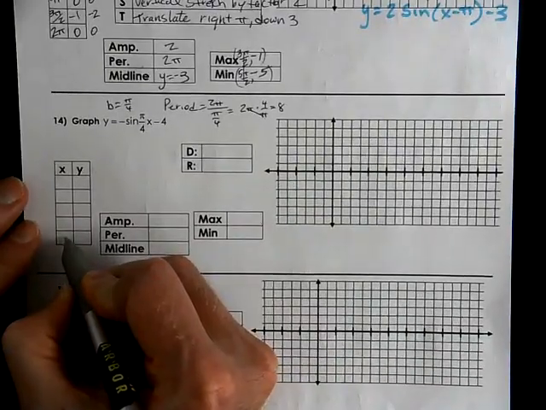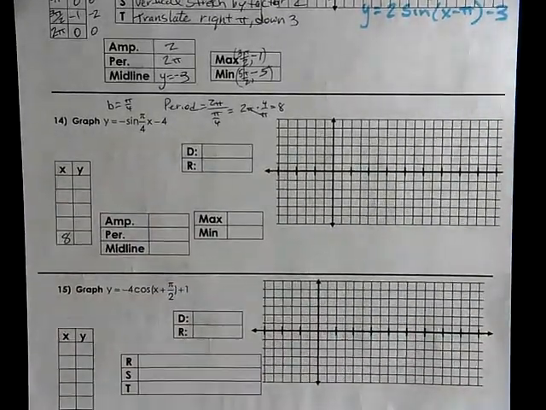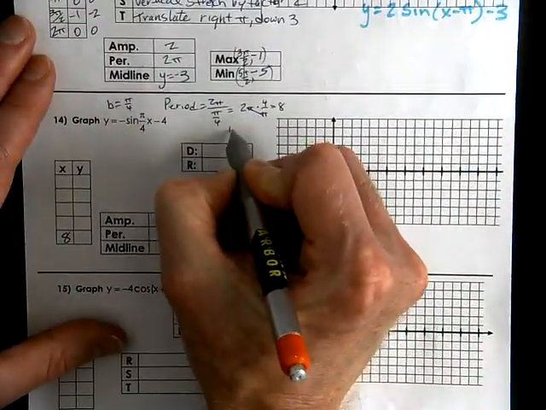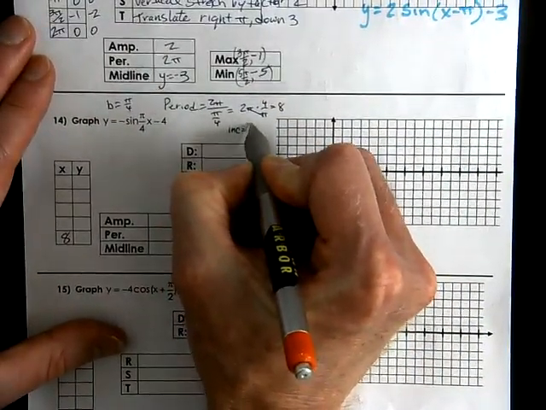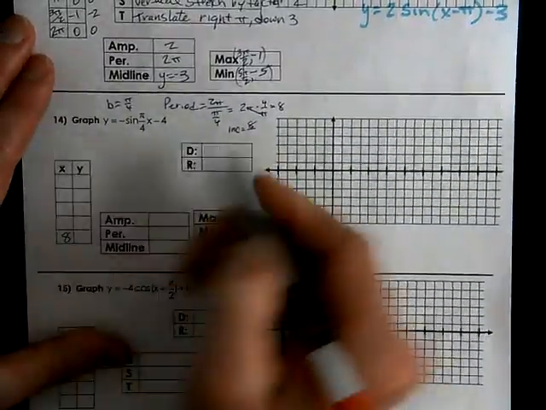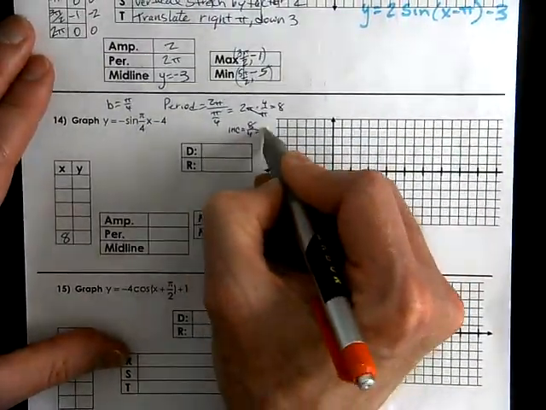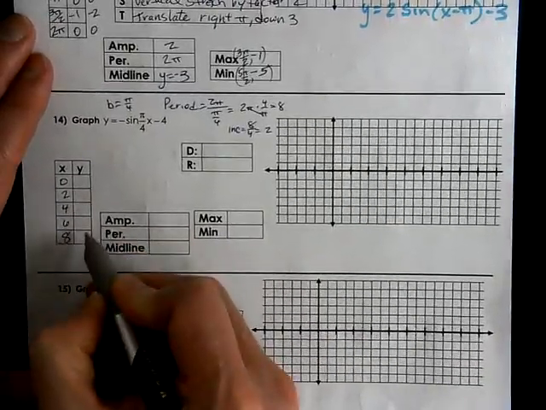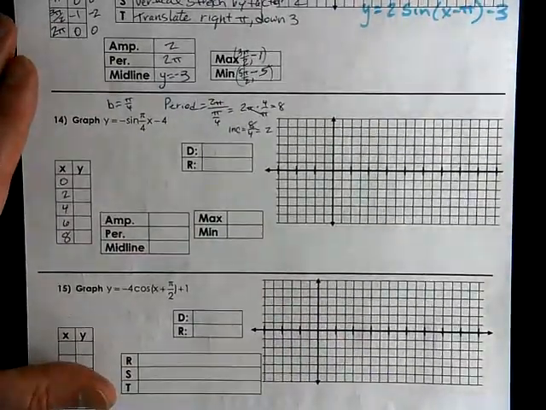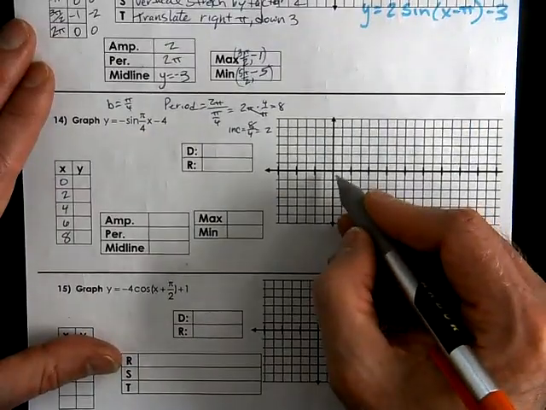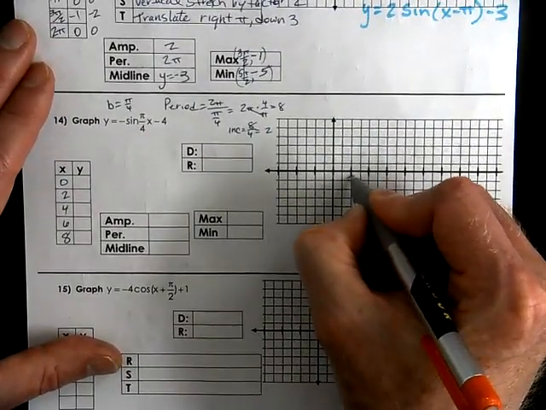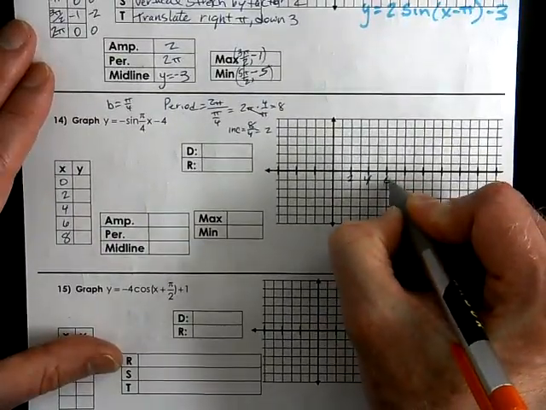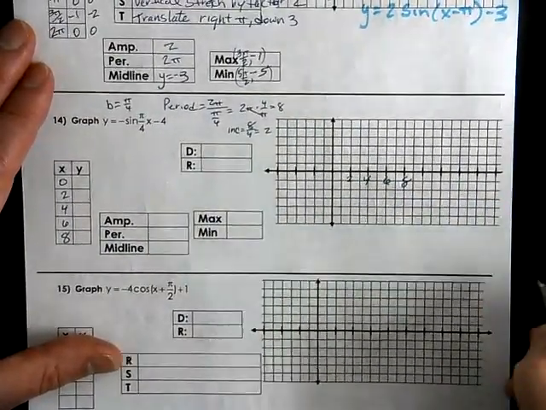So 8 is the period of the whole graph. To figure out what steps we're going to take, the increments are going to be 8 into 4 equal pieces, always divided by 4. So we're going to be 0, 2, 4, 6, and one more step makes 8. So we can come over here and say 0, 2, 4, 6, 8.